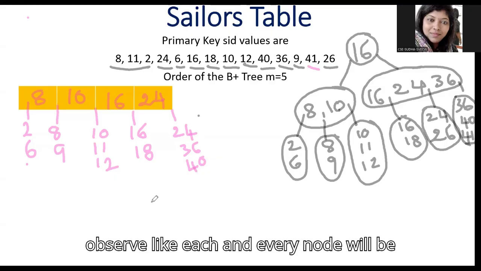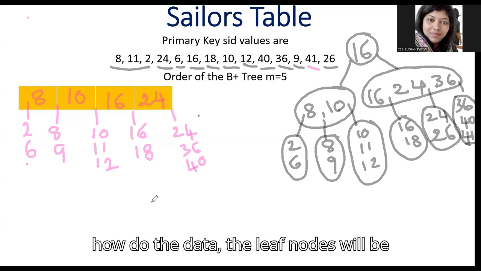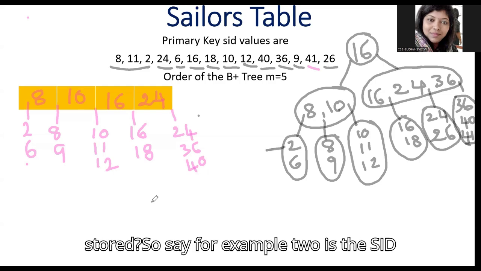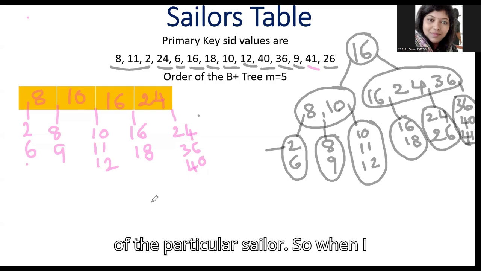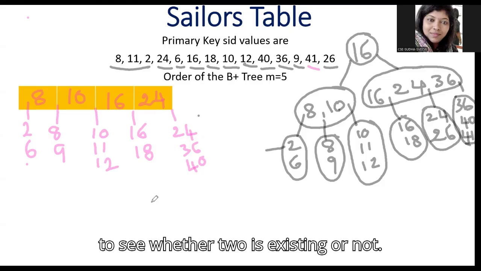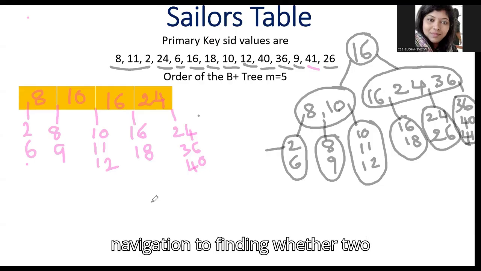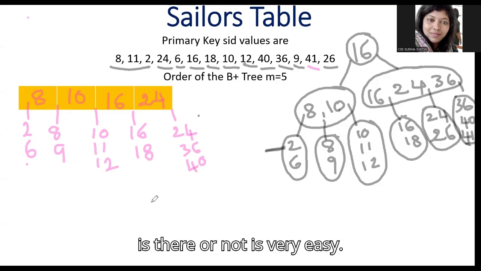But as you observe, each and every node will be having the elements in sorted order. But how is the data at the leaf nodes stored? Say, for example, 2 is the SID of a particular sailor. First I'll try to see whether 2 exists or not. Yes, in the index I found 2. The navigation to find whether 2 is there or not is very easy.